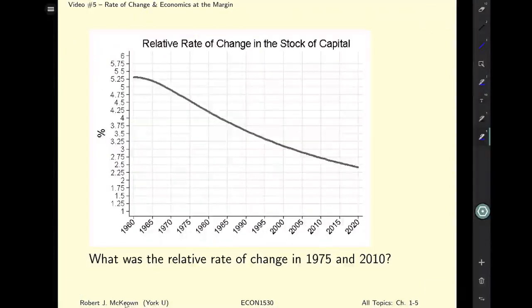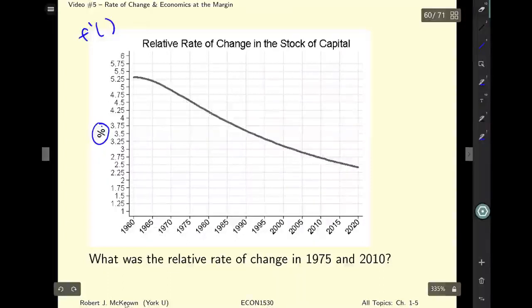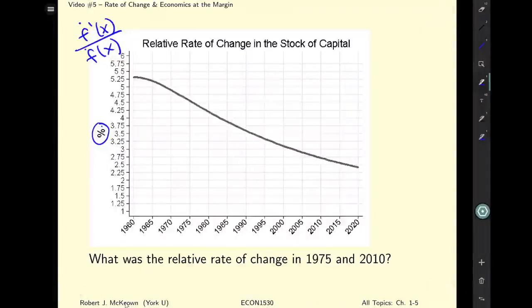Now here we have the relative rate of change in the capital stock. And notice that we've got a percentage on the y-axis. I've been using x, so I'll keep using x, and if I wanted to, I could put little dots on it, because I've been using t.